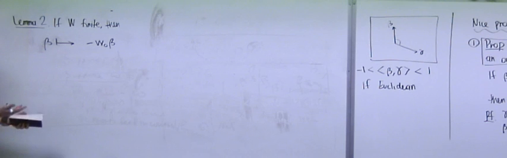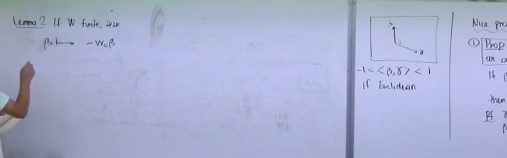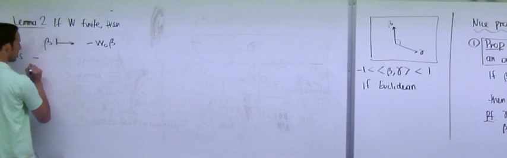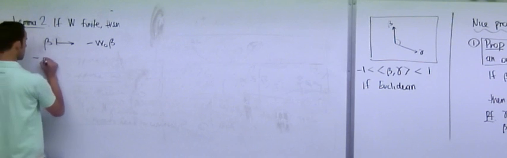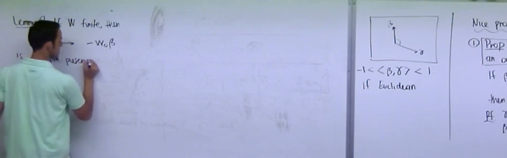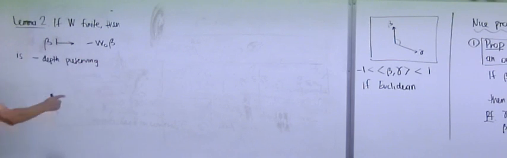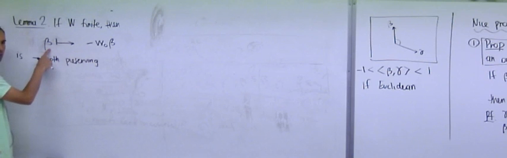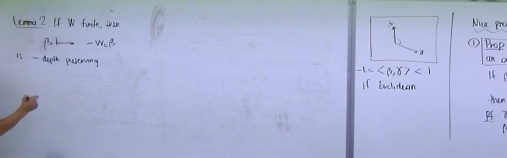And what you hope is that this behaves well under these different notions. And it does behave in a very interesting way, because it is, first of all, depth preserving. Okay? So the depth of the new guy is the same as the depth of the old guy. But the interesting thing about this is that it is domination reversing.